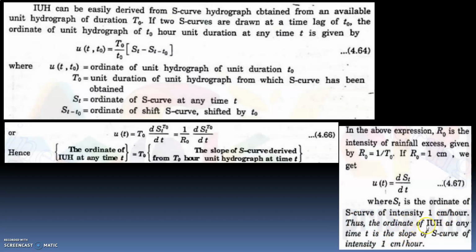Thus, the ordinate of the instantaneous unit hydrograph at any time t is the slope of the S-curve of intensity 1 centimeter per hour. This is about instantaneous unit hydrograph.